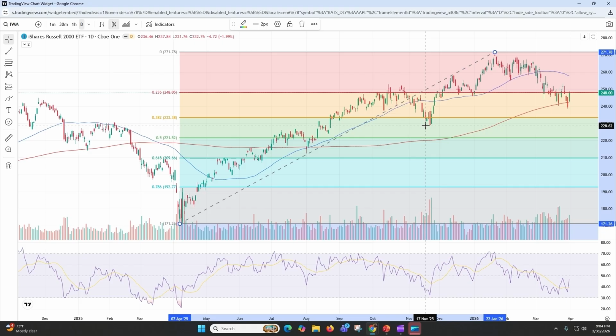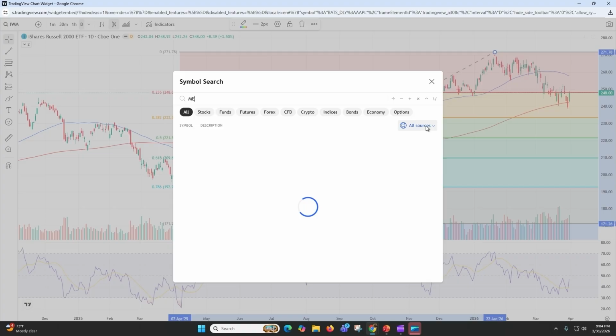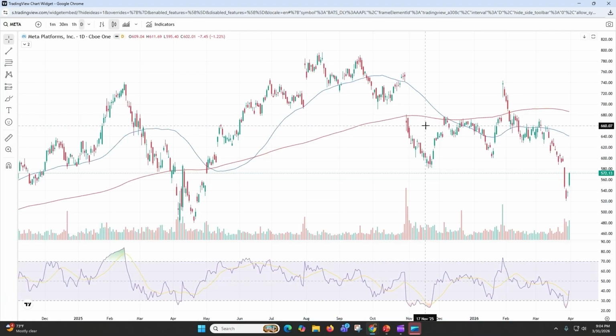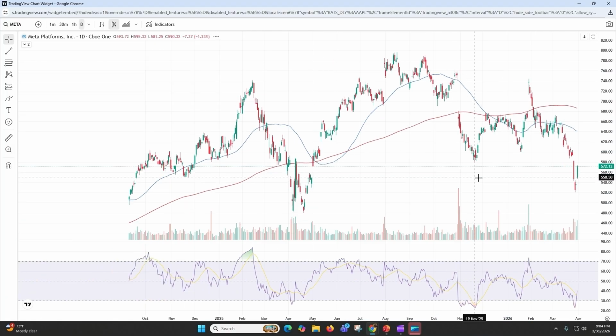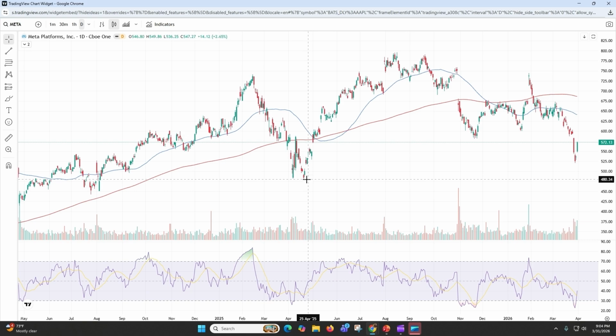Now, if the market really starts to continue with the risk on, it's going to be these tech stocks. I think they're going to lead the way. So I'm looking at stocks like Meta, which are nearly back at April 2025 lows, which is crazy to think about when you see some of these numbers.